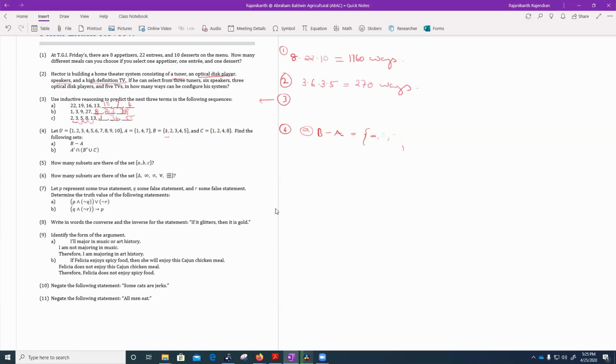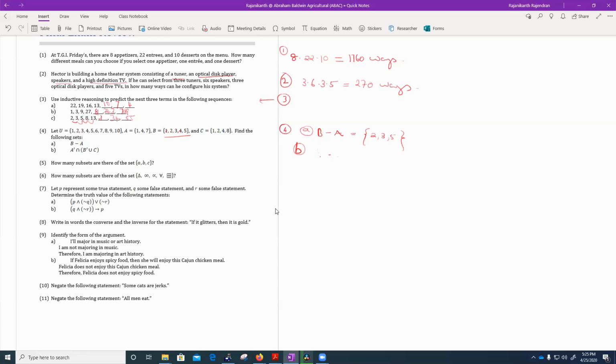So part B, you are asked to find A prime intersection B prime union C. First of all, we will decompose this problem into sub problems, then we will combine. So I'm going to find A prime first. A prime is the complement of set A, right?